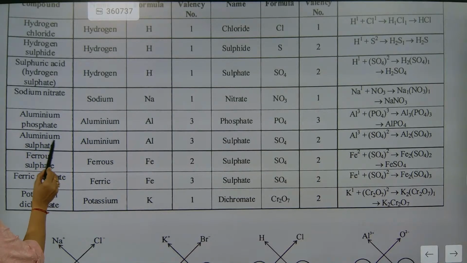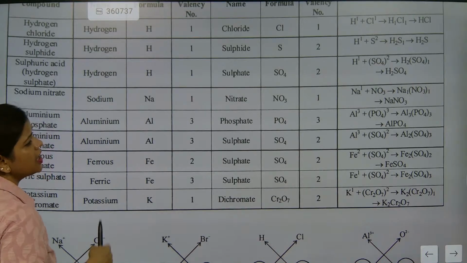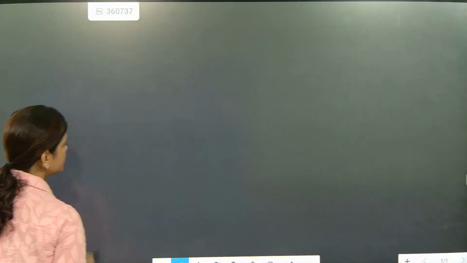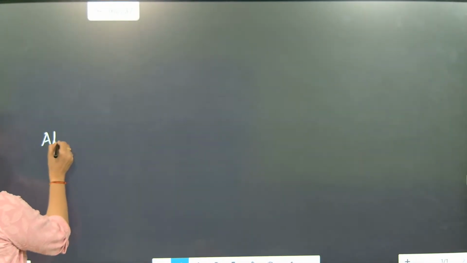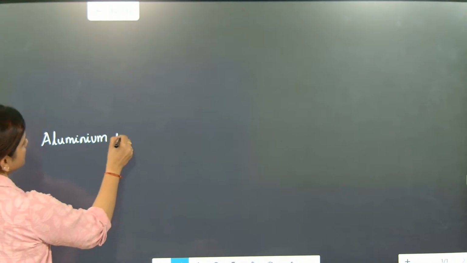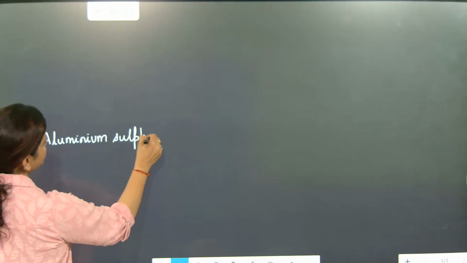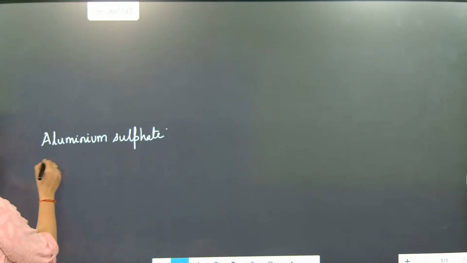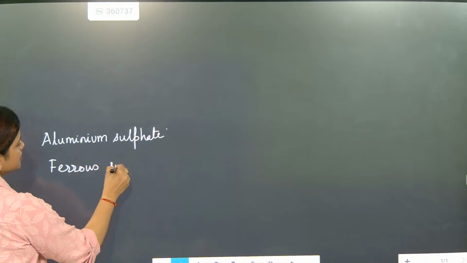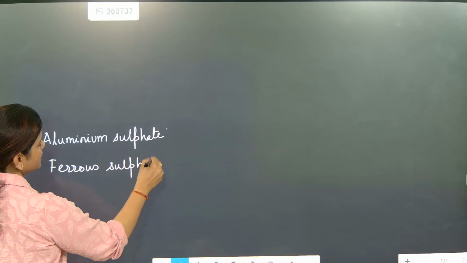Now aluminium sulfate and ferrous sulfate. Now let's check this one out. Aluminium sulfate and ferrous sulfate, beta.